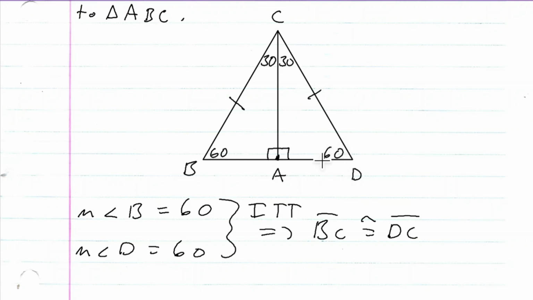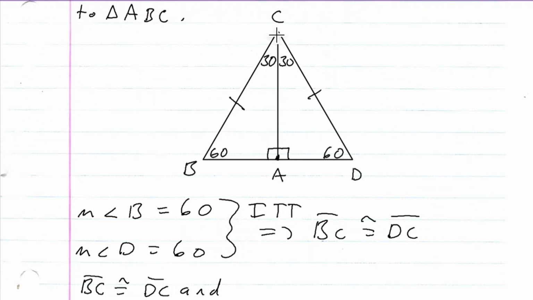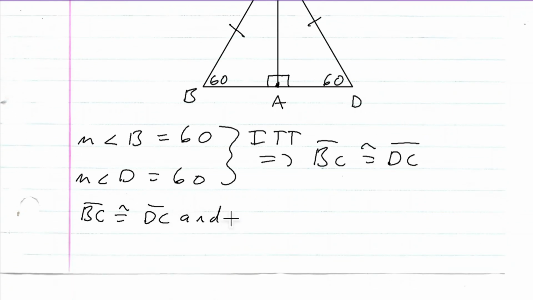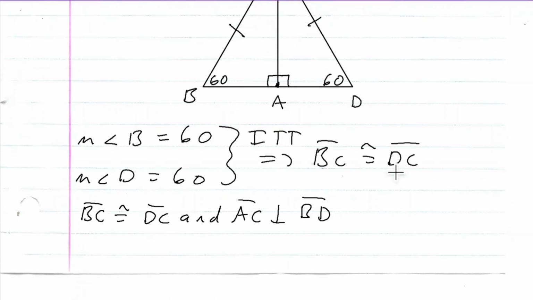What I also know is, so I'm going to write that down, since I have BC congruent to DC, and I have AC perpendicular to BD, right? I know by the perpendicular bisector theorem that AC is not only perpendicular to BD, but it is the perpendicular bisector of BD, right?